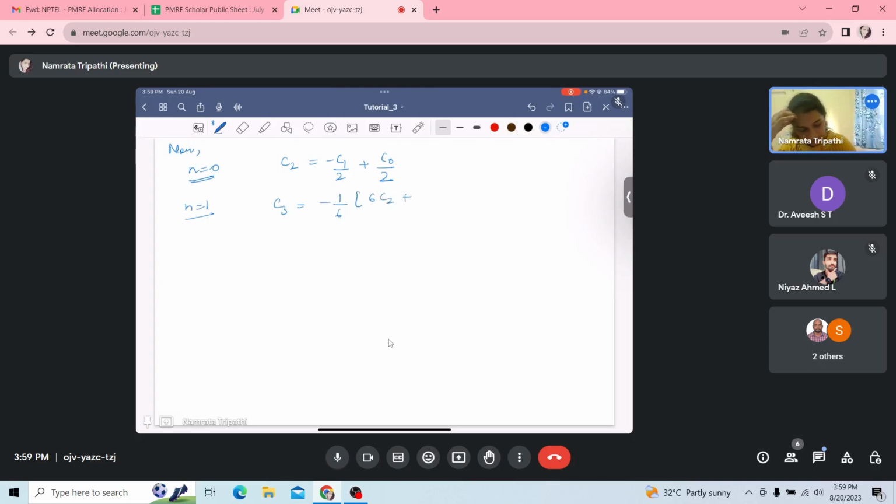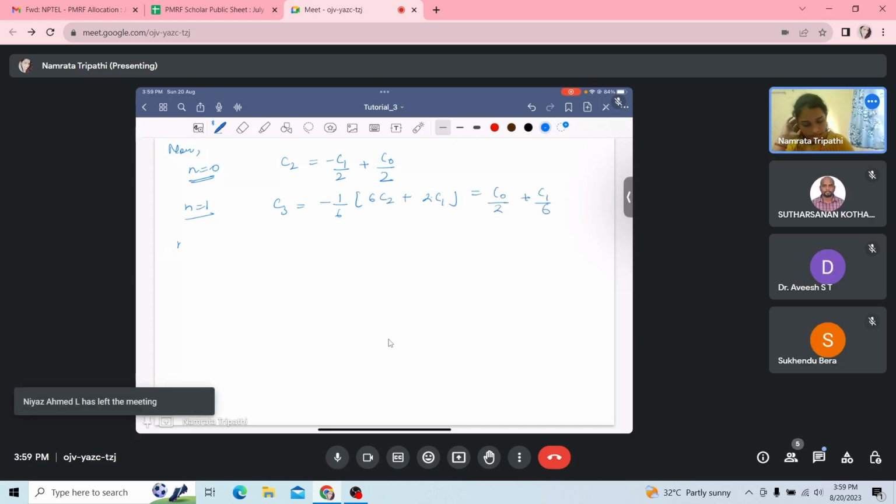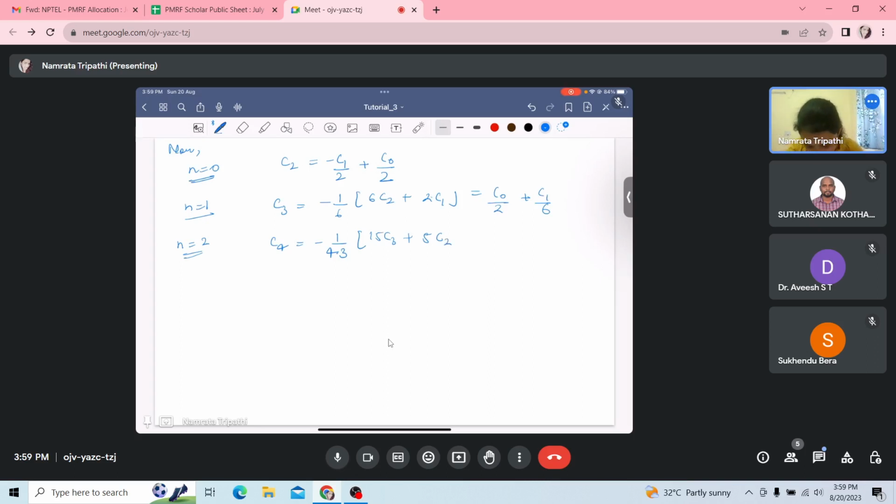These are simple calculations. Simply put values of C3 and C2 in the form of C0 and C1, then you will get plus C0. You can check. These are just simple calculations.